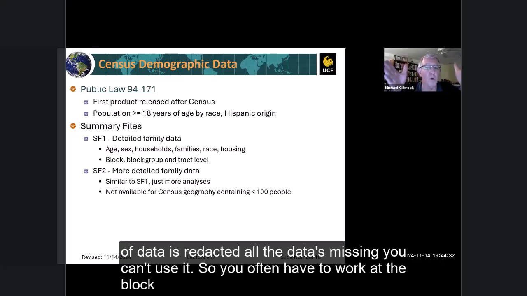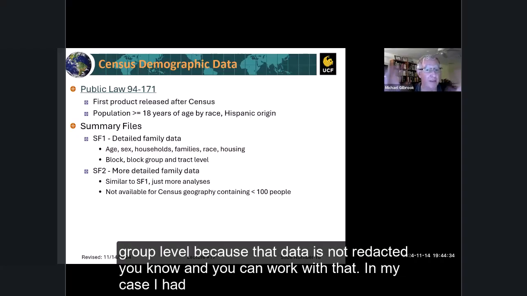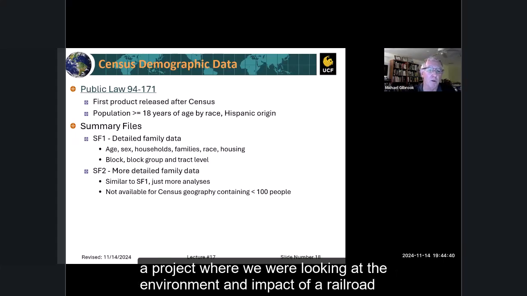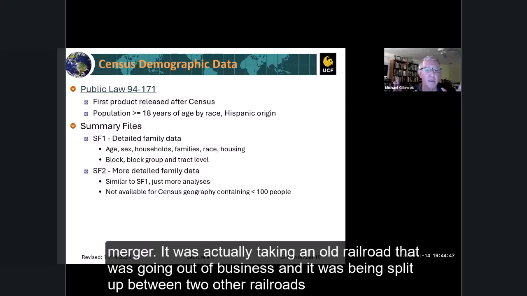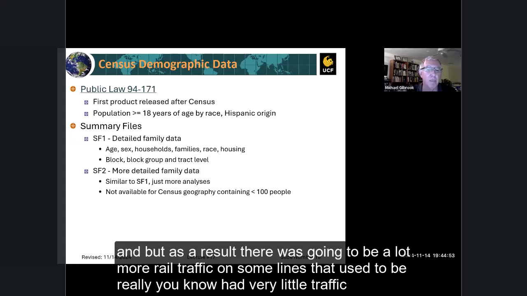So you often have to work at the block group level because that data is not redacted, and you can work with that. In my case, I had a project where we were looking at the environmental impact of a railroad merger. It was actually taking an old railroad that was going out of business and it was being split up between two other railroads. But as a result, there was going to be a lot more rail traffic on some lines that used to have very little traffic.